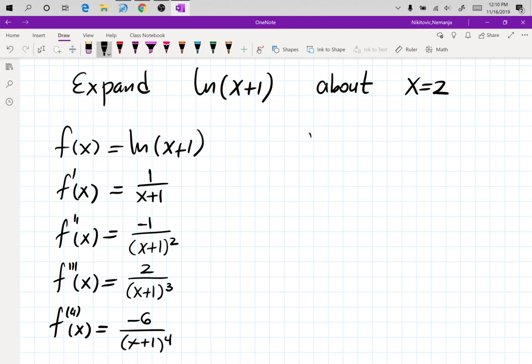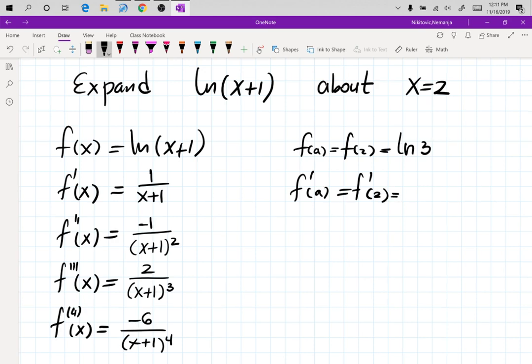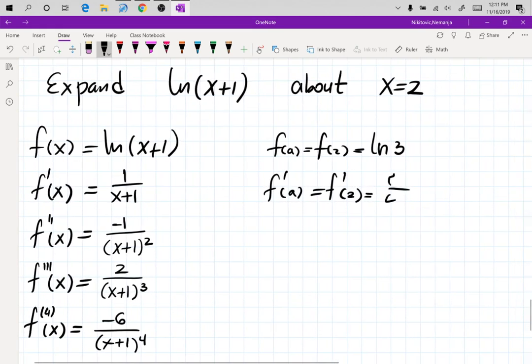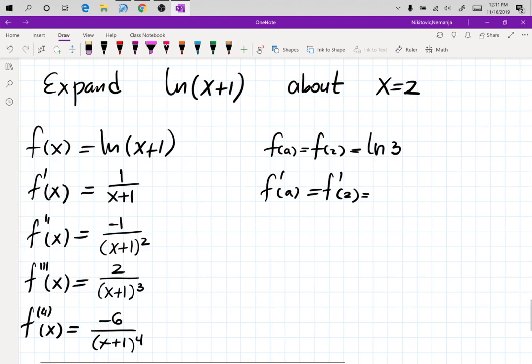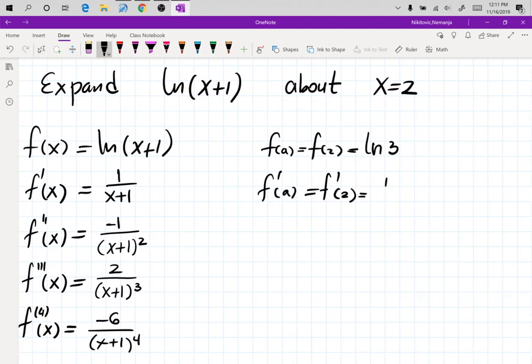So I'll need f of a, which is f of 2, which is ln of 3. Then I'll need f prime of a, which is f prime of 2, which is 1 over 3. I'll need f double prime at a, which is f double prime at 2, which is negative 1 divided by 9.